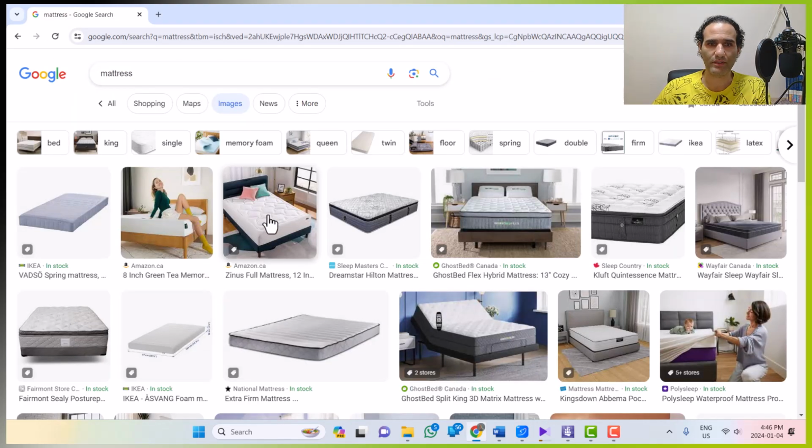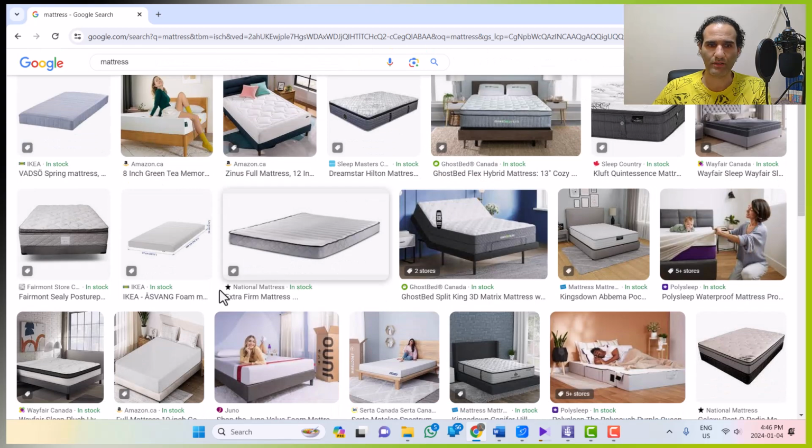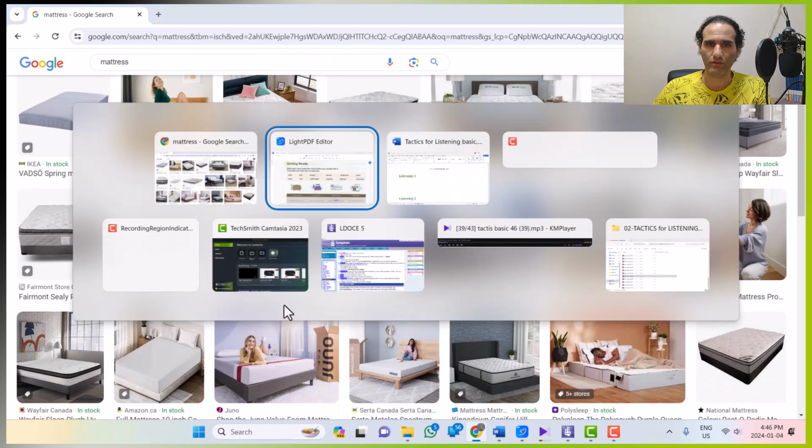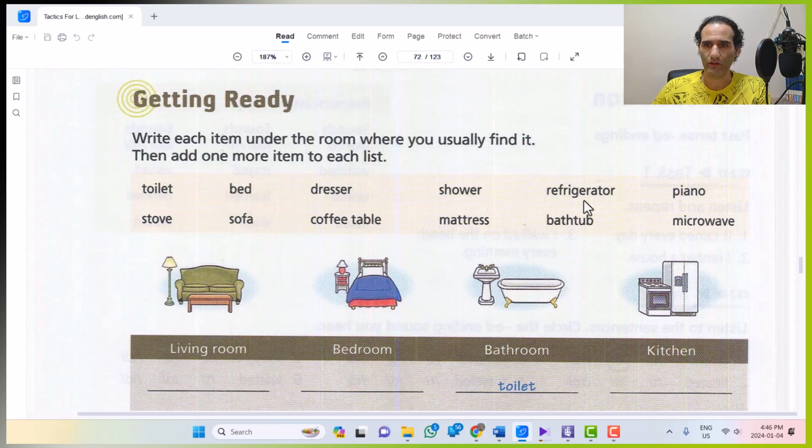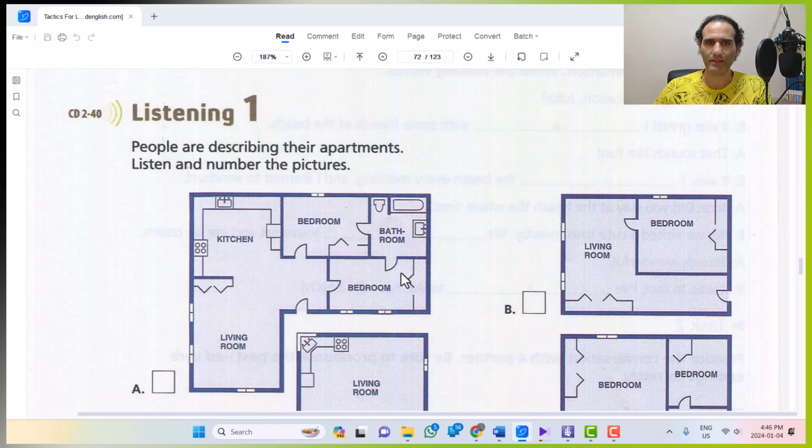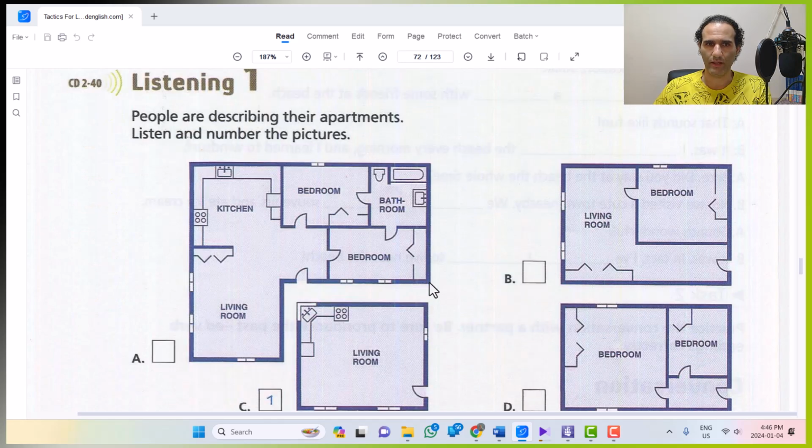A mattress, that is what you sleep on, so it goes into your bedroom. Refrigerator into the kitchen. Bathtub, this is a bathtub. Piano in the living room, and microwave or microwave oven. So we are kind of good with the vocabulary here, yeah? These are the things that we will be listening to in the listening today.